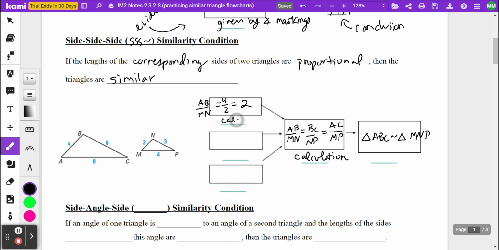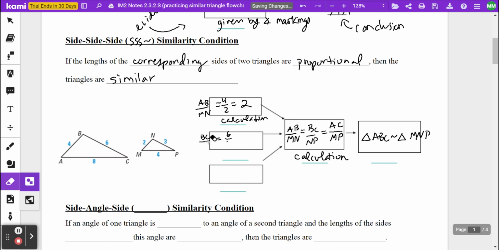Okay, this was calculation. Let's check our others. Is BC over NP, which is 6 over 3, and that also equals 2. Looking good so far. Calculation. We just need the last one to be true.